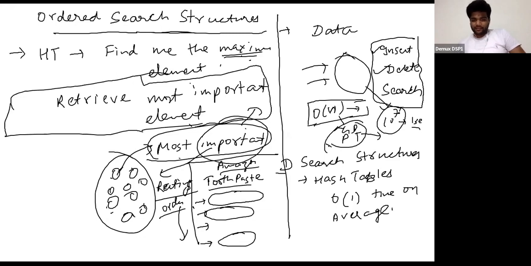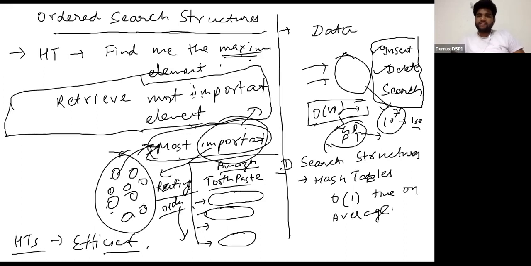But the idea is that at times we want this feature from the search structures, the ability to retrieve significant elements from the container. And that's where hash tables have a drawback, that they don't allow us to search for the most important element or the least important element or the element with the most priority in efficient time.